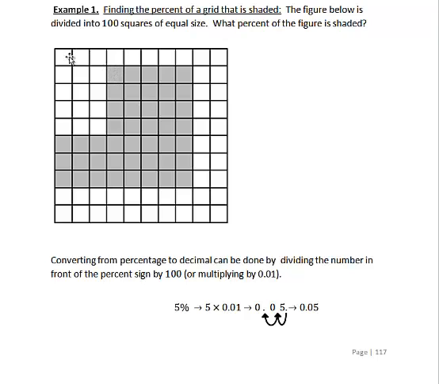Example 1, they've drawn a picture for us. Some of the blocks are shaded, some of them are not, but how many blocks do we have total? 1, 2, 3, 4, 5, 6, 7, 8, 9, 10.